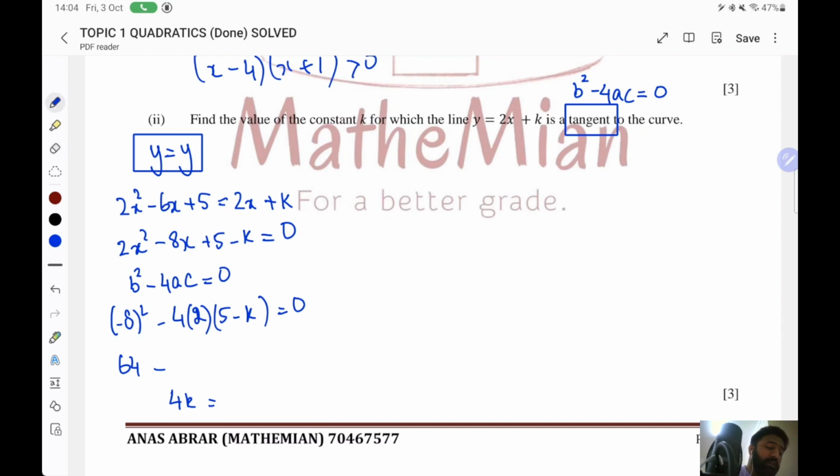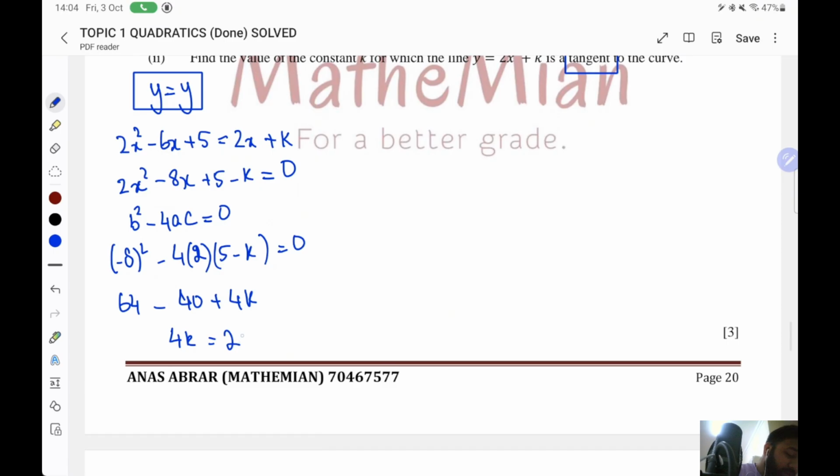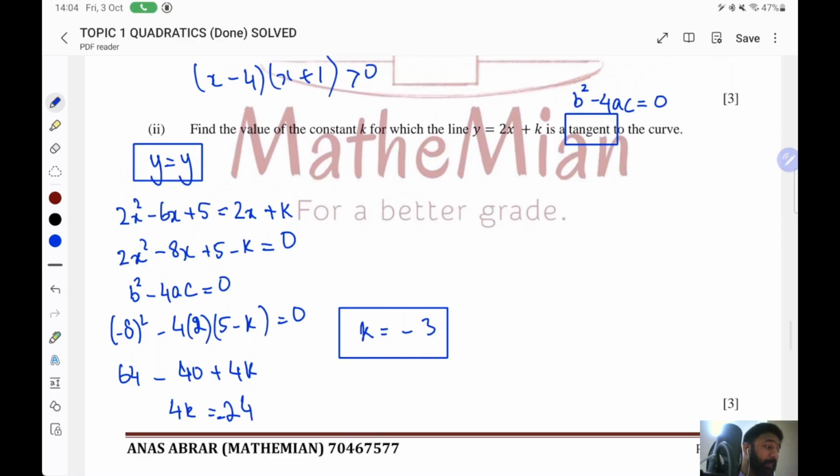So it's 64 minus 40 plus 8k, which will be 24 plus 8k equals 0. Yes, this is 8k, and the value of k is minus 3. You're right.